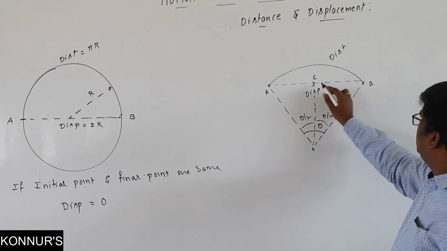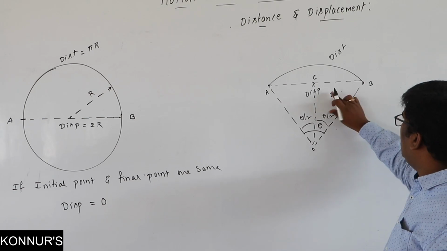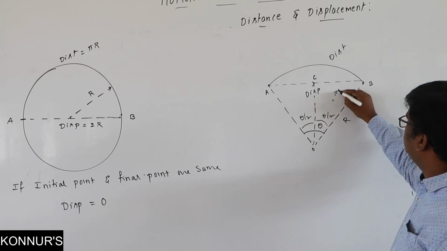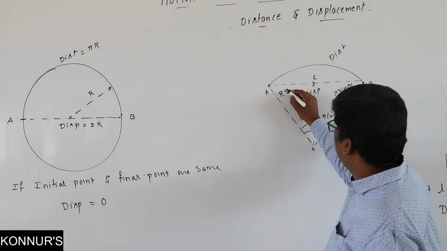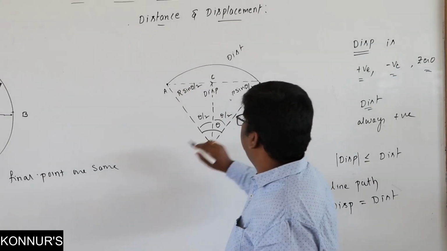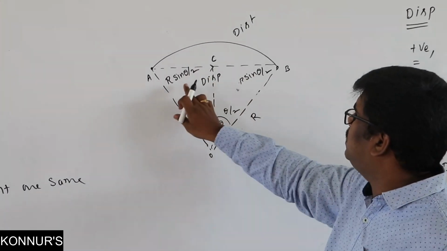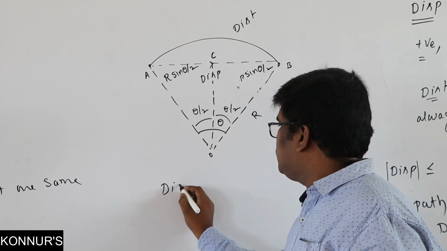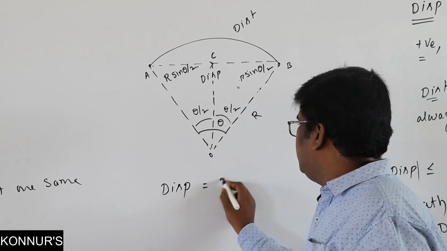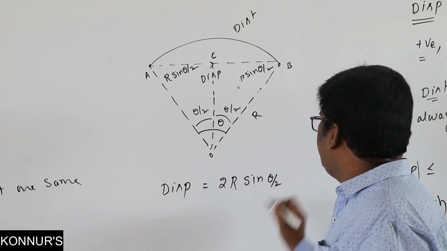Now this length C to B is r sin theta by 2, and this other half is also r sin theta by 2. Therefore, the total displacement AB is 2r sin theta by 2.